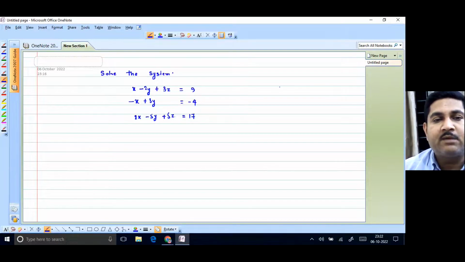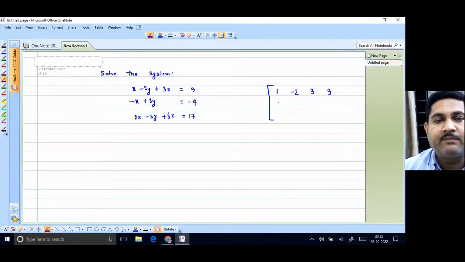the coefficients of x, y, z as well as the right hand side in the form of a matrix, which I call the augmented matrix. So let us write: the coefficient of x is 1, the coefficient of y in the first equation is minus 2, the coefficient of z is 3, and the right hand side I am writing 9.